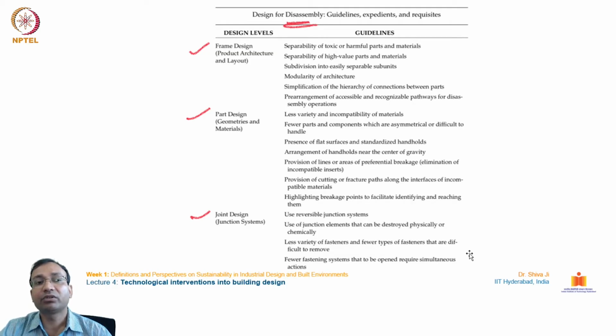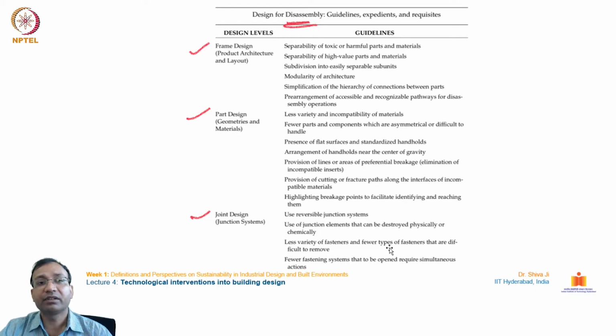Once fasteners are planted in concrete or brick material, they are going to be there forever, unless that wall or concrete unit is broken, because there is no mechanism to plug these fasteners out of the material. So we have to be very careful while planting these fasteners in building structures.